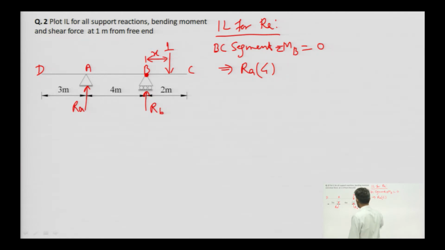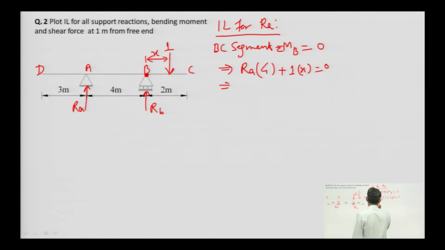RA will produce the moment at point B in clockwise direction, and the unit load will also produce the bending moment in clockwise direction. So, it is plus 1 into x equals to 0.